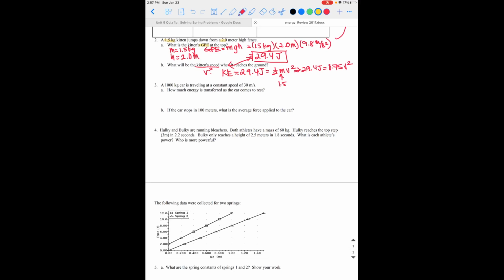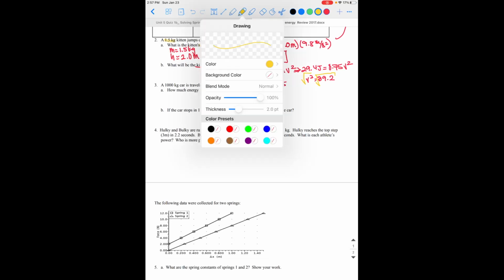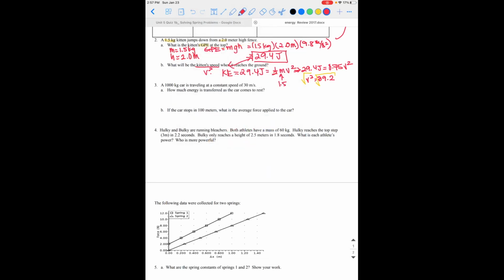So if I divide the 29.4 by the 0.75, 39.2 is our V squared. In order to get rid of the squared, we take the square root of both sides. So in the end, we end up with a velocity of 6.3 meters per second.